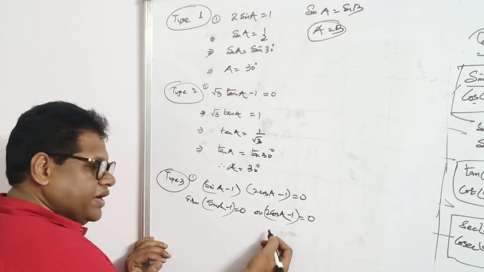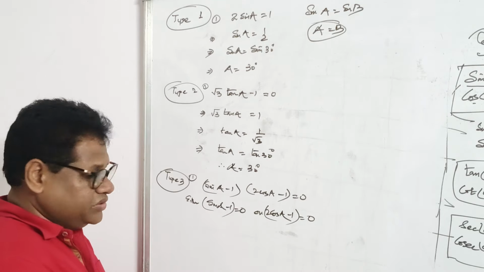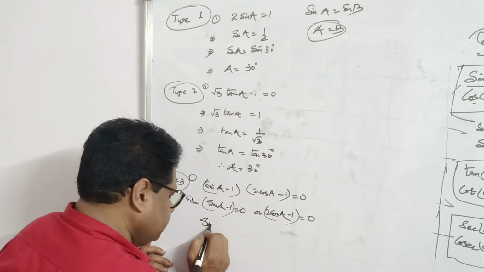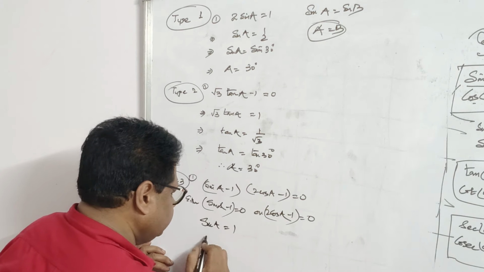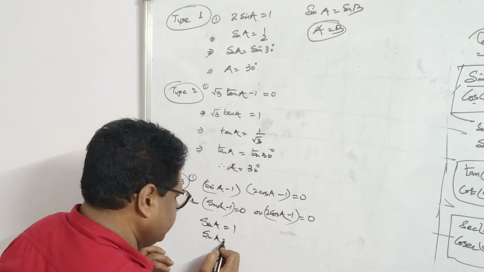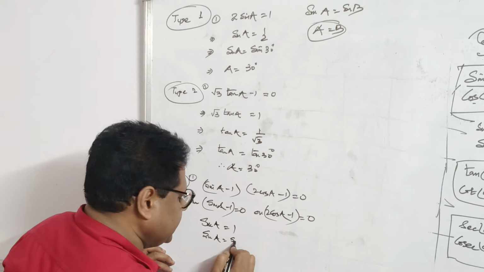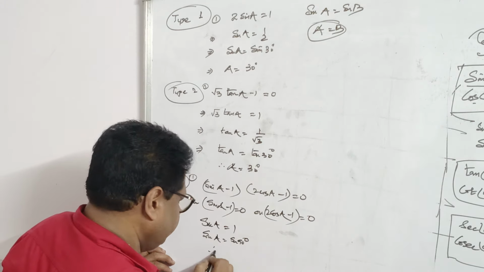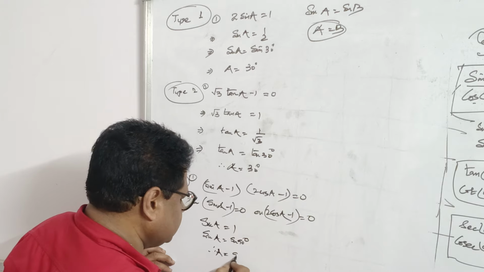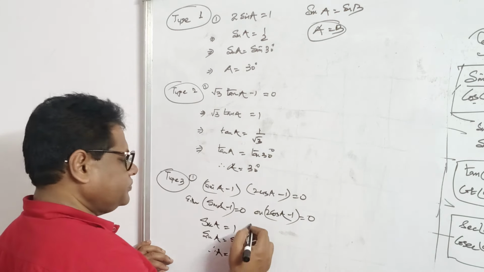This will give you two values, just as you get in a quadratic equation. This means sin A equals 1, and for 1 you can write sin 90 degree, therefore you got one value, A equals 90 degree.